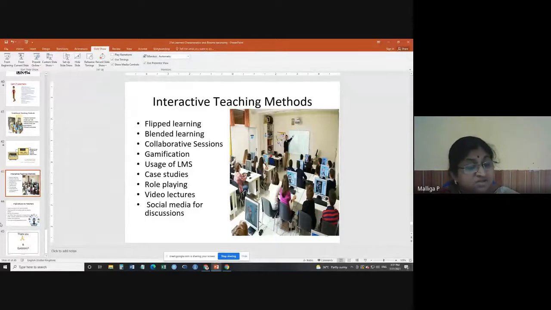This is possible nowadays because information is ubiquitous, and you have a lot of open learning, that is OER, open educational resources. You need not create, it has already been created. You have to curate and customize, and give it to your students as it is. So a lot of things.